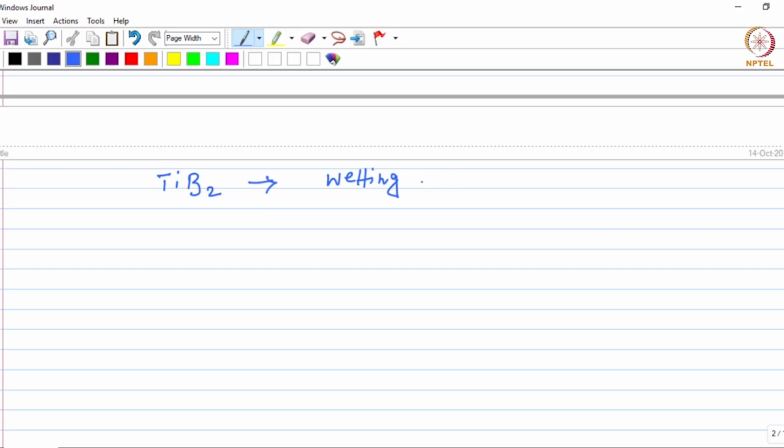Okay, so the aluminium should be able to wet the surface, and this would depend on the contact angle. A lower contact angle is always good for wetting, and we have seen that the contact angle depends on the surface energies.